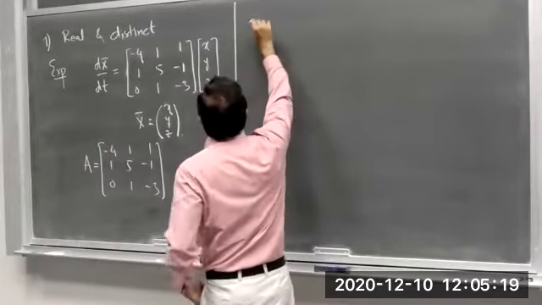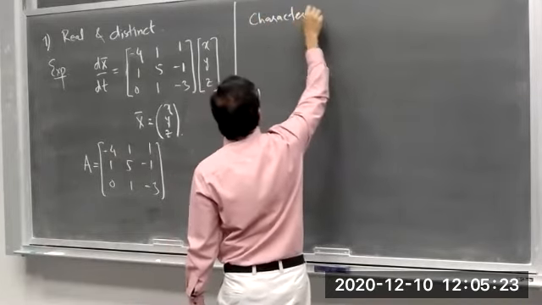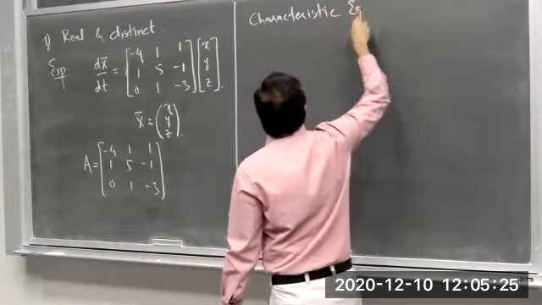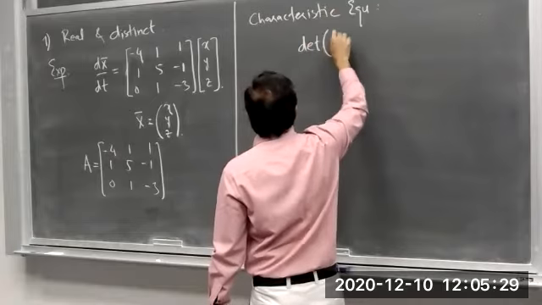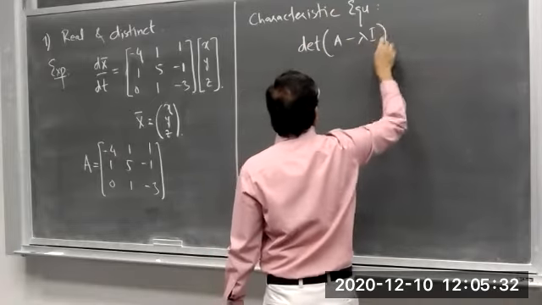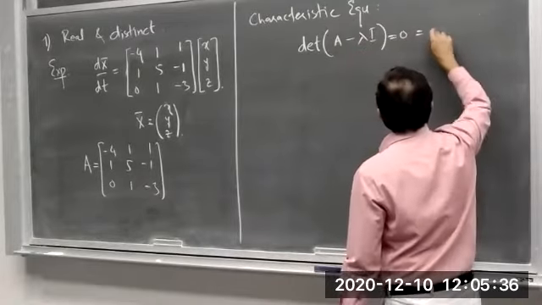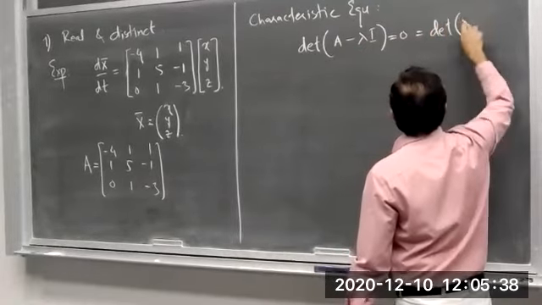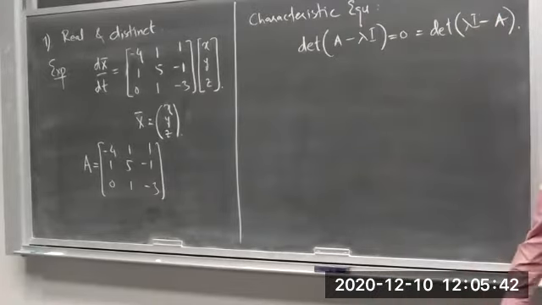In order to find the eigenvalues, we write the characteristic equation. The characteristic equation is determinant of A minus lambda I equal to 0, or you can write determinant of lambda I minus A. It doesn't change anything.